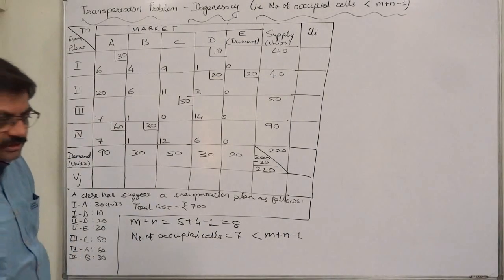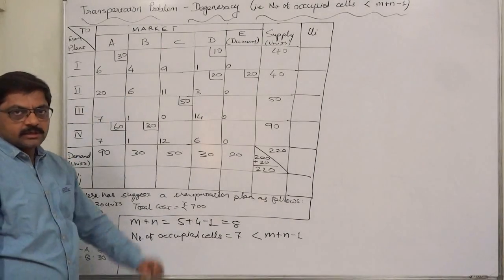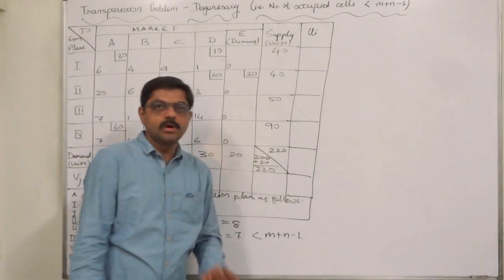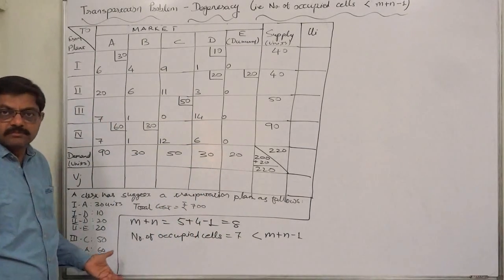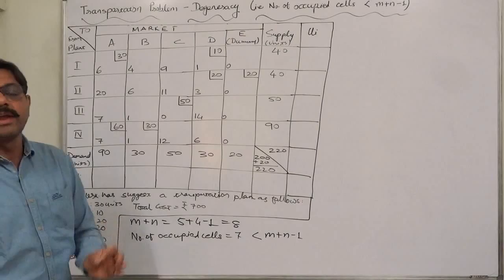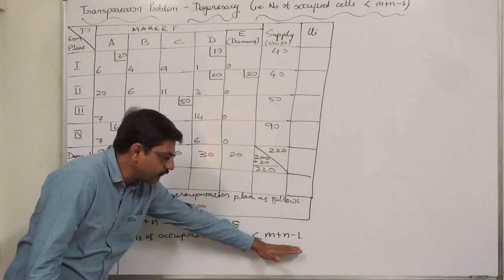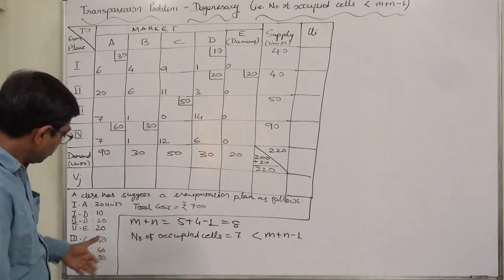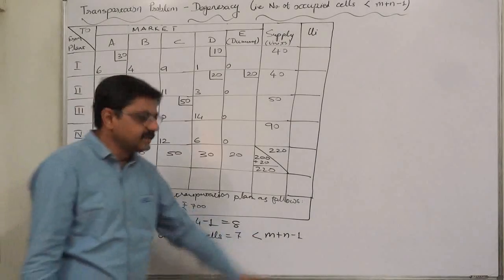So now the question is what to do under the situation of degeneracy. The only way is to have this much number of occupied cells. But here the reality is something different. Then how can we have this number of occupied cells when the actual number of occupied cells is less than this?